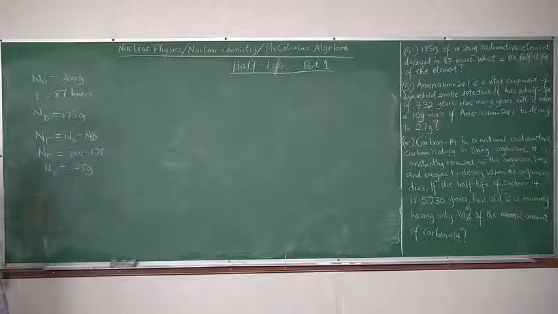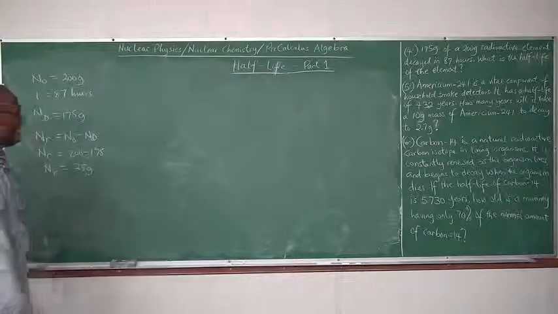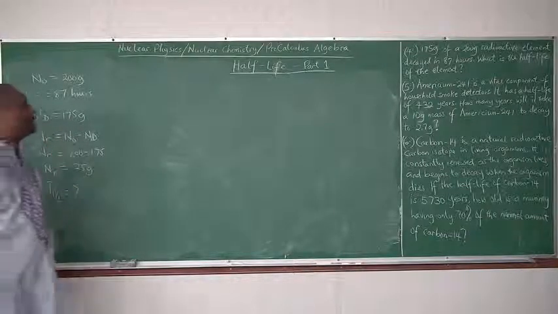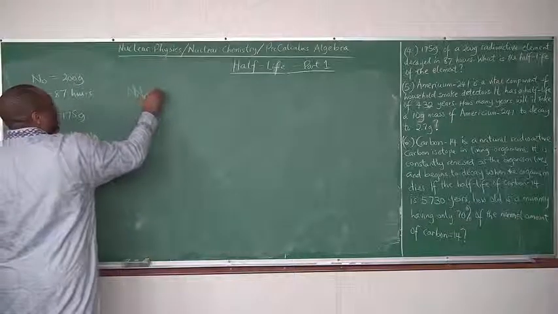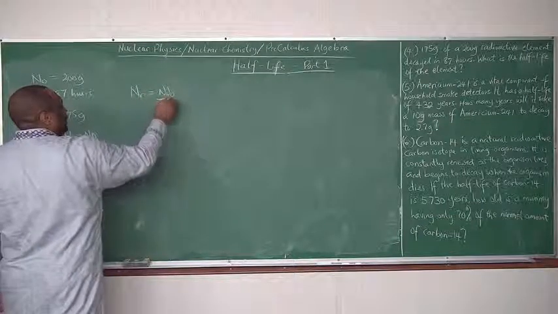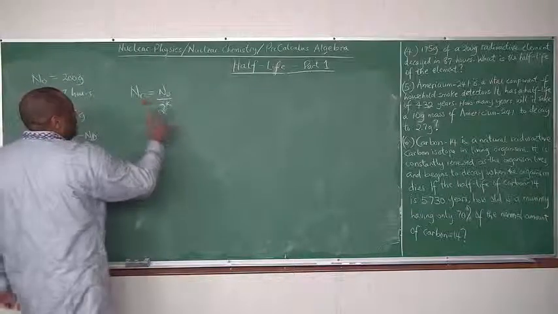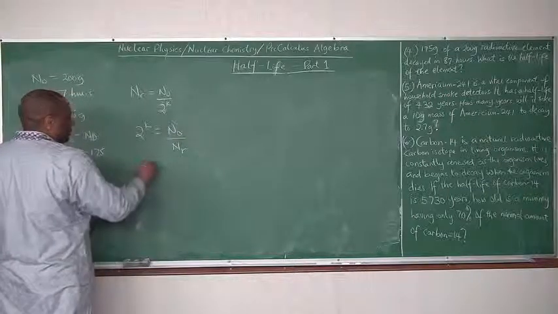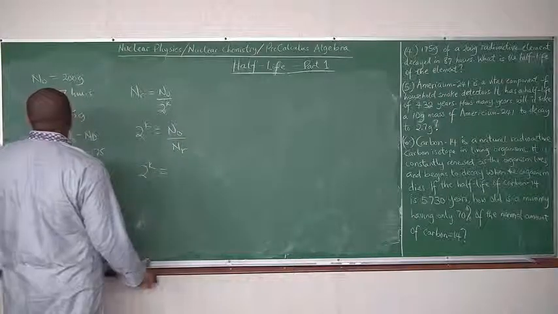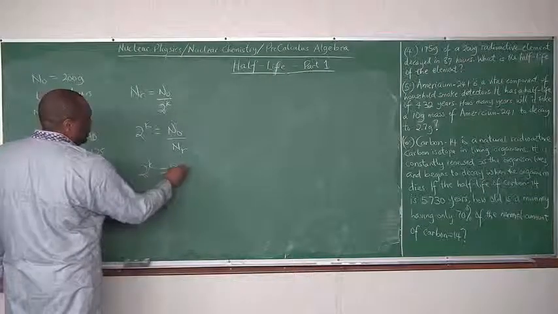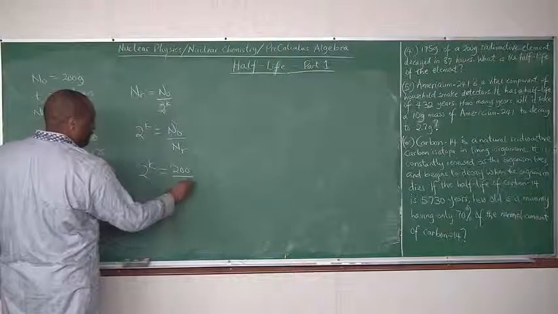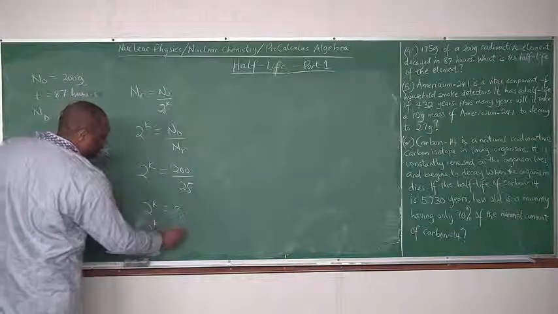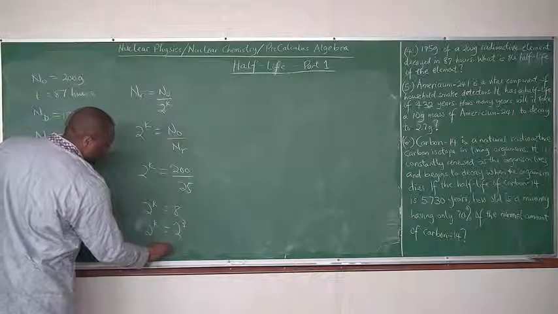They're asking us for the half-life. I will just use the first formula. N subscript R is N subscript O over 2 exponent K, so 2 exponent K is N subscript O over N subscript R, which is 200 over 25. 2 exponent K is 8, which is 2 exponent 3. So K is 3.